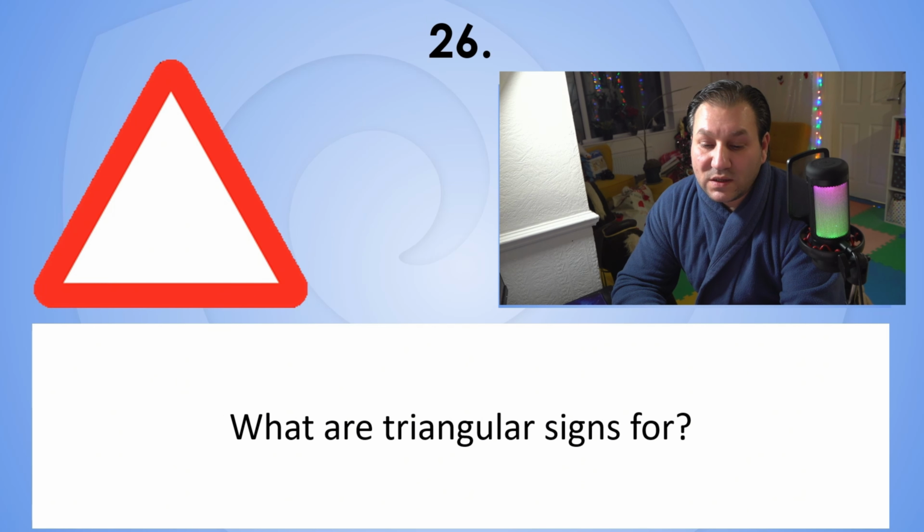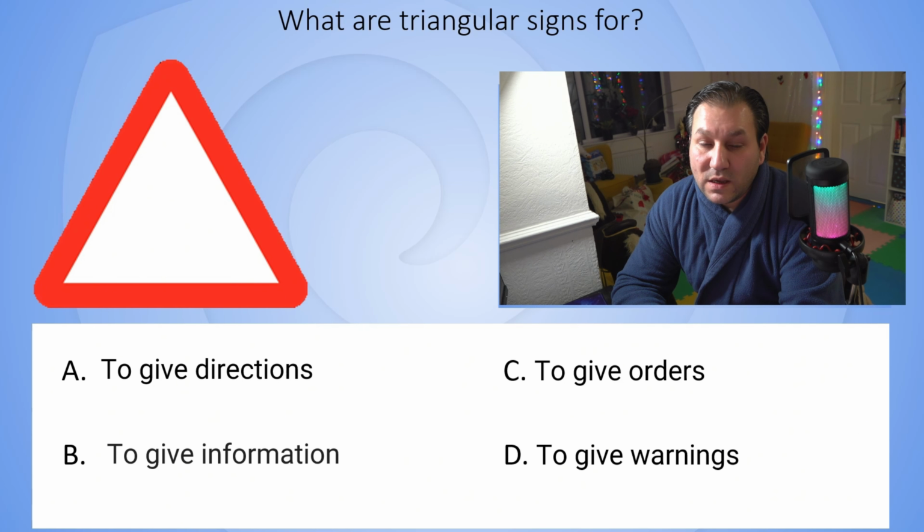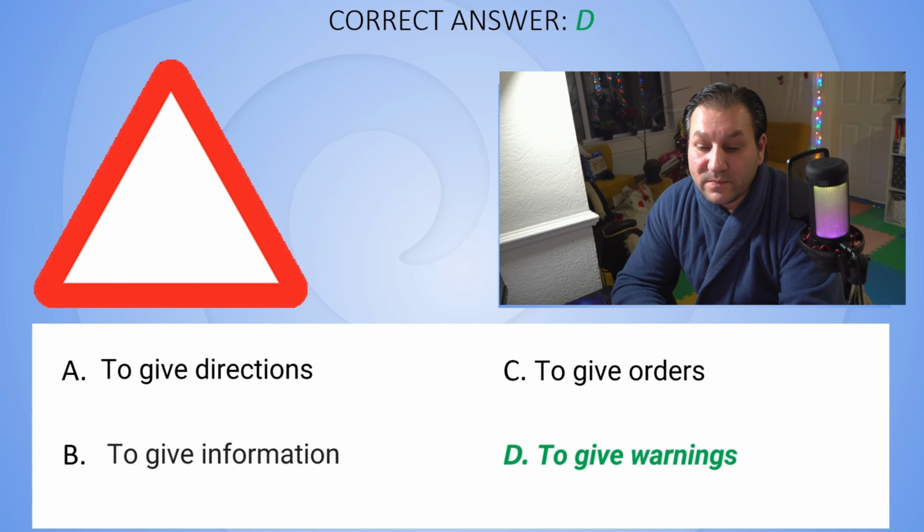26. What are triangular signs for? A. To give directions. B. To give information. C. To give orders. Or D. To give warnings. The correct answer is D. To give warnings.